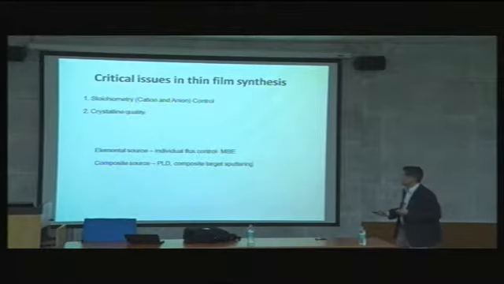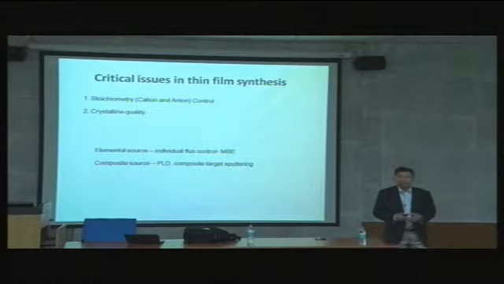One of the disadvantages of pulsed laser deposition, which many groups are doing, is the initial cost of the laser. Most people use an excimer laser, typically krypton fluoride, krypton and fluorine, mixed with neon as a buffer gas, which is one of the main costs of your system.